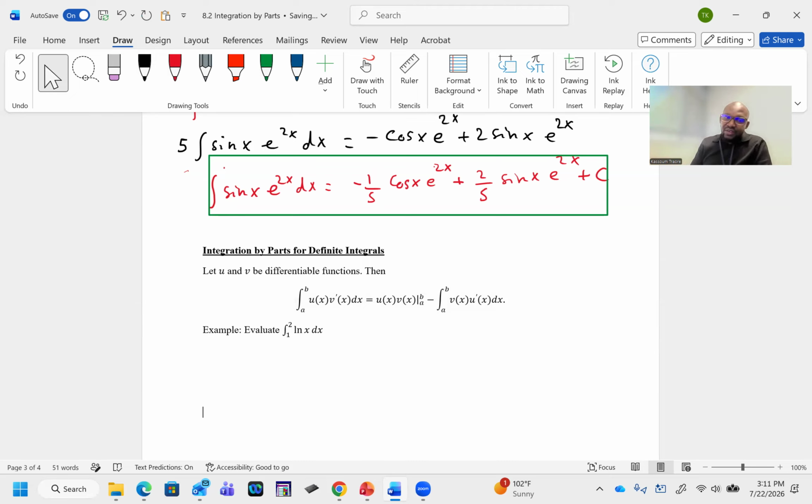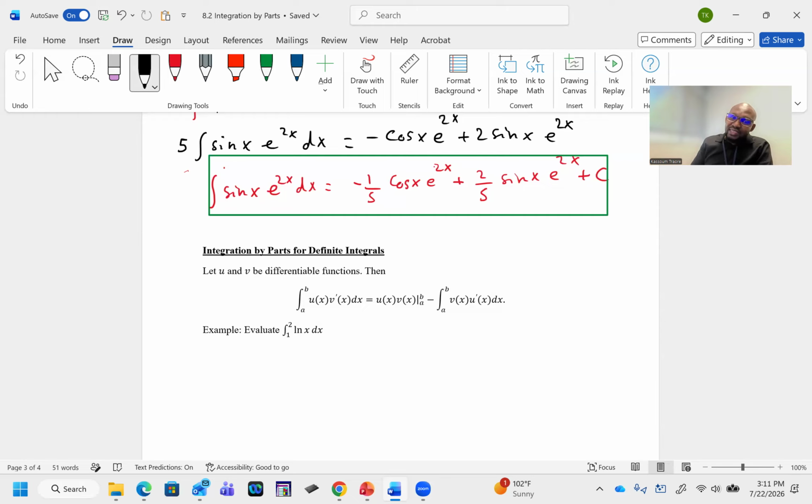So if I'm asked to evaluate the integral from 1 to 2 of ln of x dx, you see in this case, we don't have the antiderivative of ln yet, right? So you will assume you have 1 times ln x dx. If you don't see anything, that means you have a 1 there, right? So that is why you will use your u as ln.